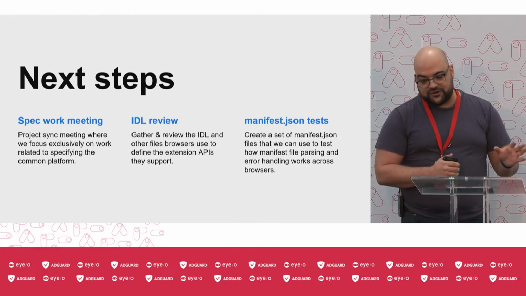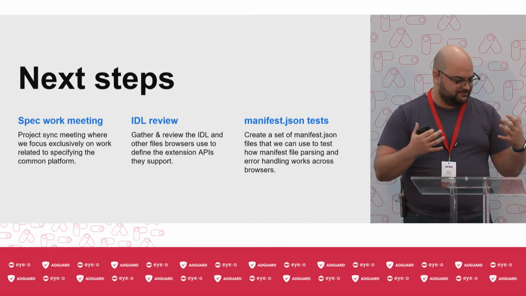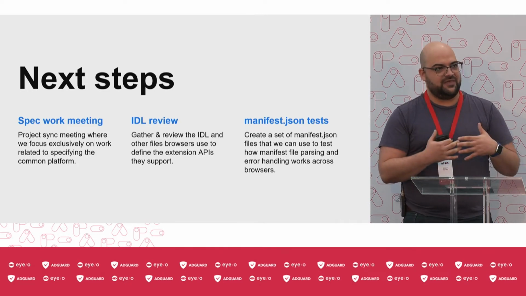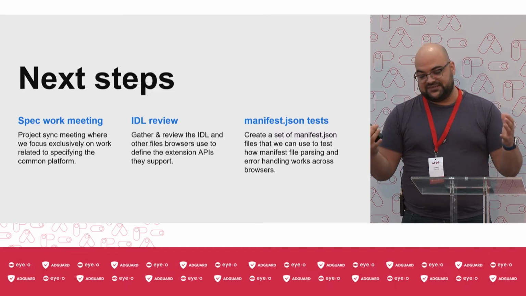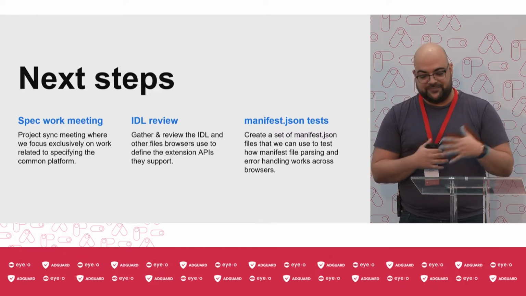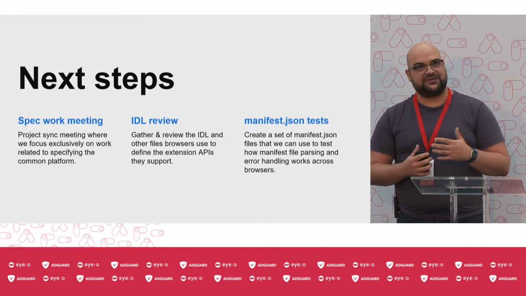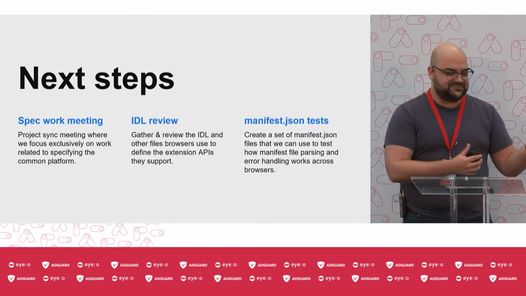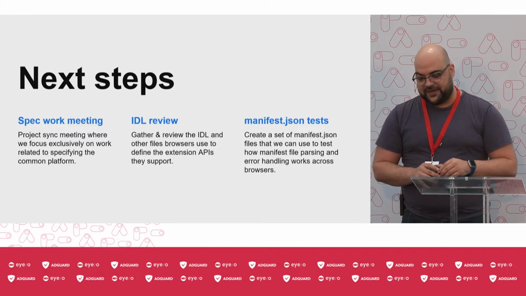As part of that work, one of the things that we're going to be doing is trying to gather the IDL files, essentially the way that the individual browsers declare what APIs they expose. Try to gather those all in one location and review and compare them in order to begin to determine what kind of inconsistencies we have across APIs in terms of types that we accept or other potential incompatibilities like that.